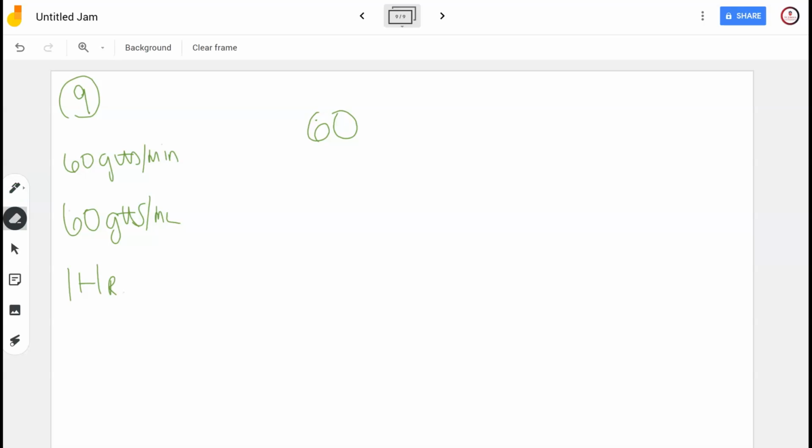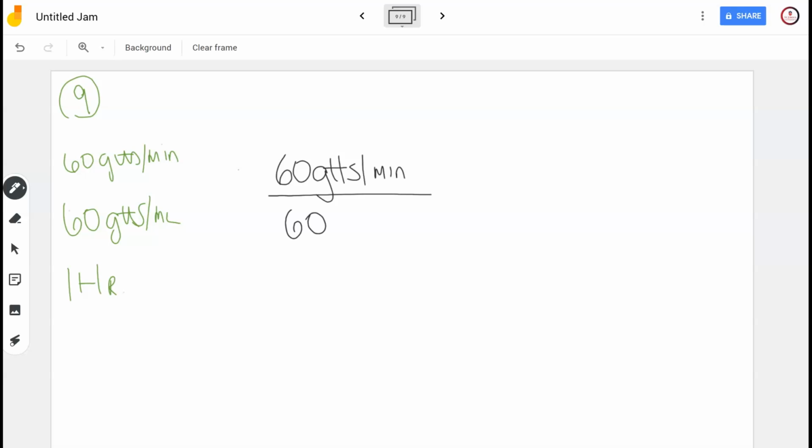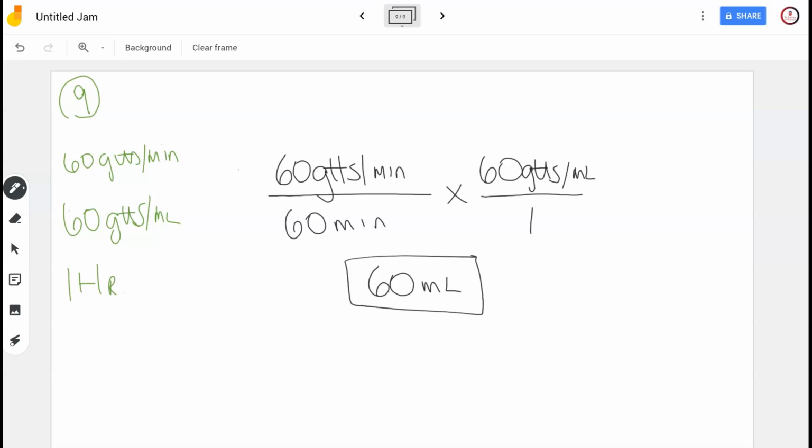I did it backwards. I knew I was going to do that backwards too. Just kidding. You have your 60 drops a minute. You are using 60 minutes. You are using a 60 drop set. 60 divided by 60 is 1. So you've given your patient 60 milliliters in 1 hour.